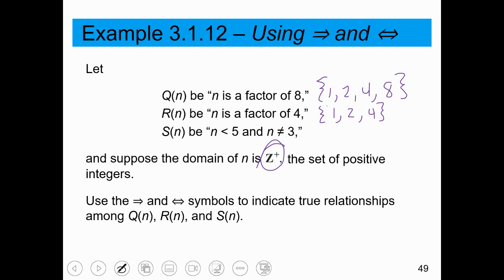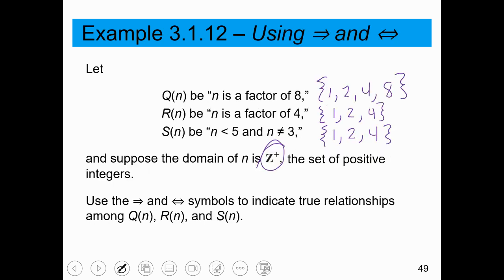Now S of n is less than 5, and n is not 3. So we would have 1, 2, 4. So we can see that some of these sets are the same, and some are subsets of others, okay?